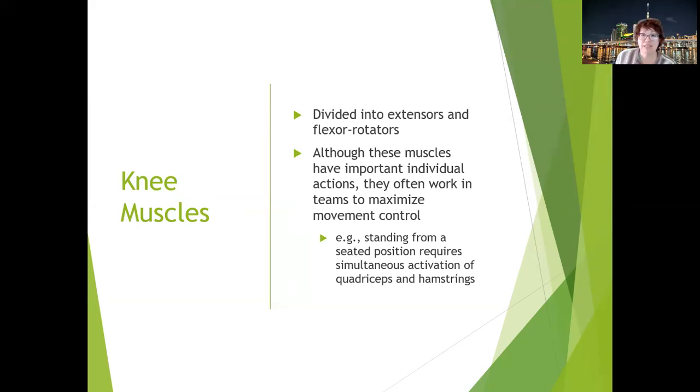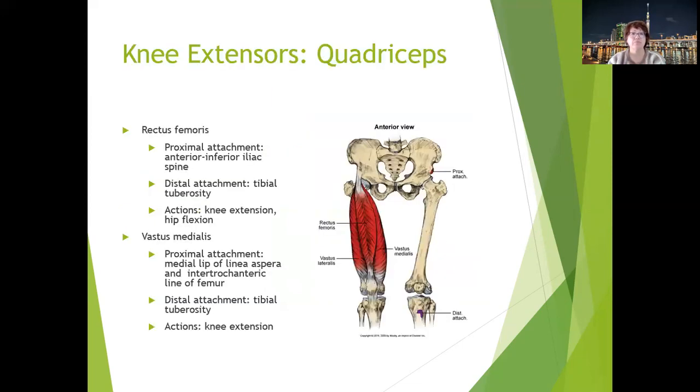But for hip extension, hamstrings are the agonist. And so you have to activate them simultaneously in order to perform that very common, very important functional movement of standing up from a chair. So we talk about muscles in isolation sometimes in kinesiology, but the important thing to remember is they never work in isolation in the body.